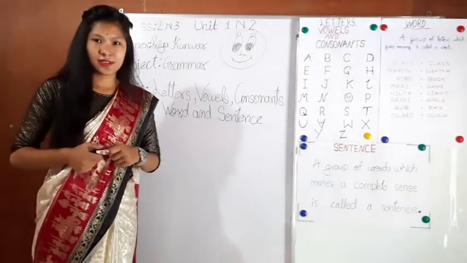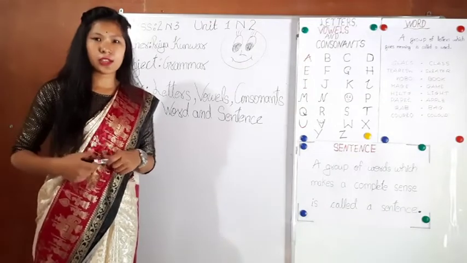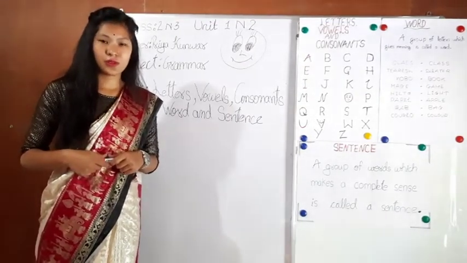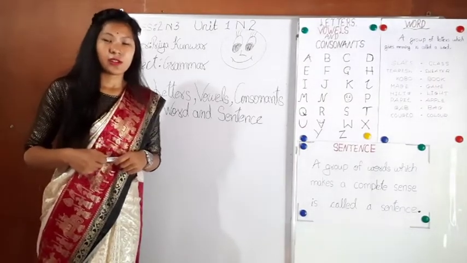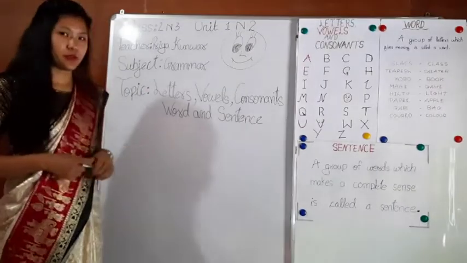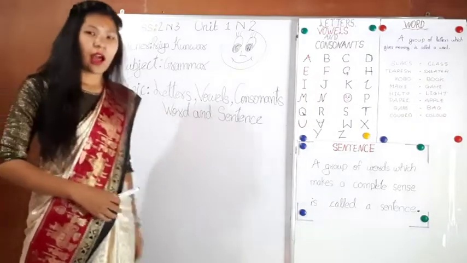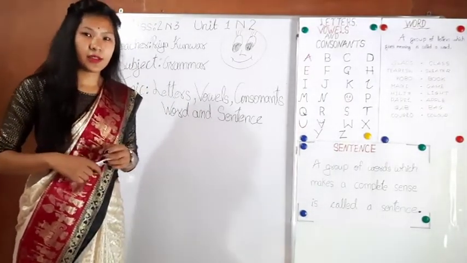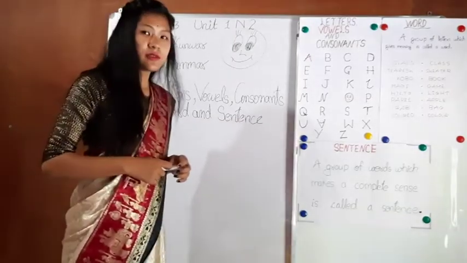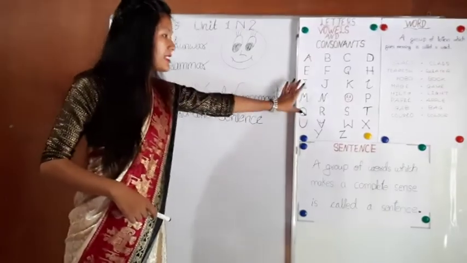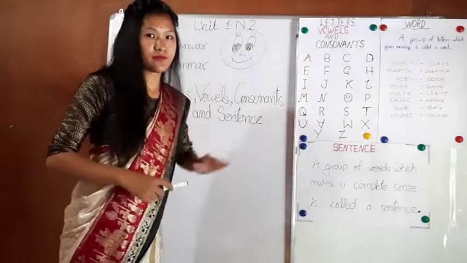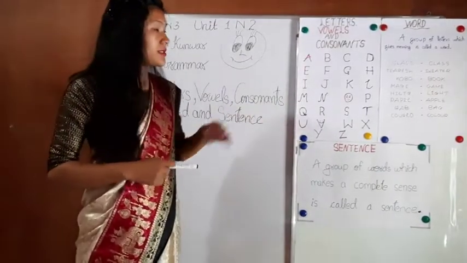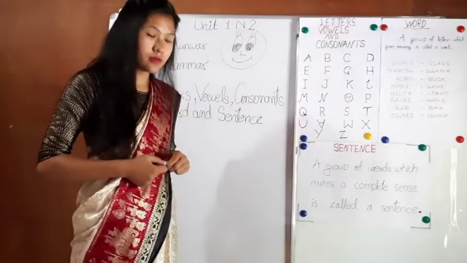Dear children, do you know what a word is? If you don't know, I will explain in this episode how words are made. Words are made using 26 letters. Here is the definition of word.